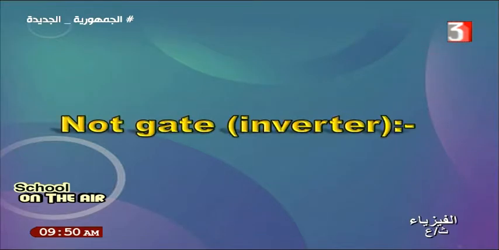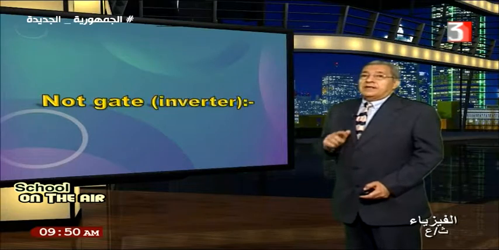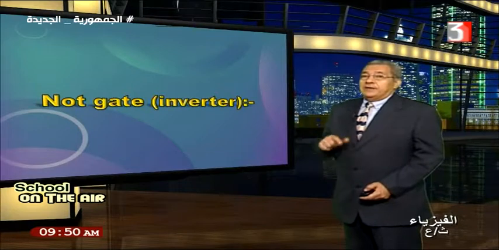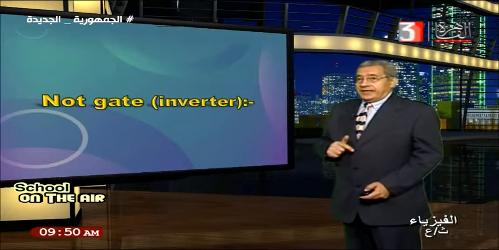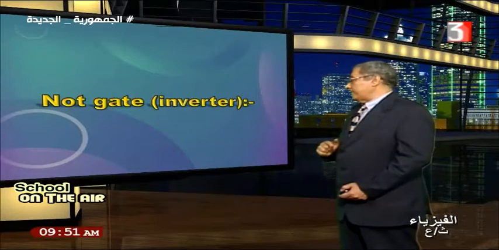The first gate we call the inverter or NOT gate. Your attention please, because this is very important. I'm talking about gates which are based on transistors. The first is the NOT gate. We call it the inverter.